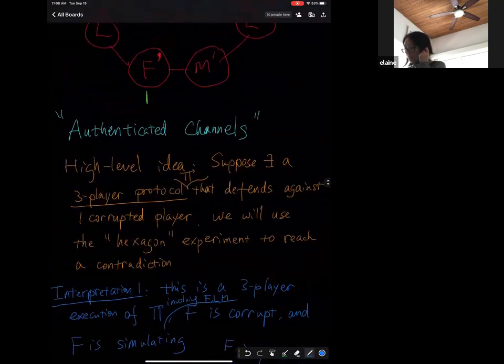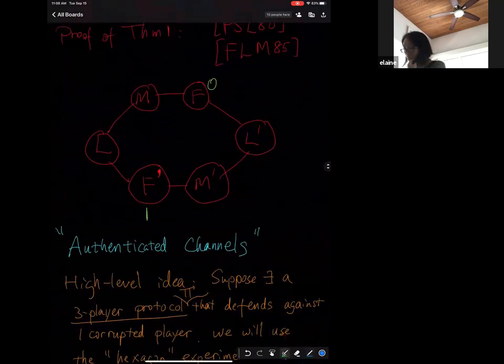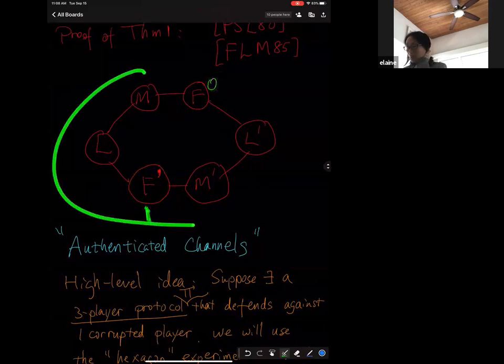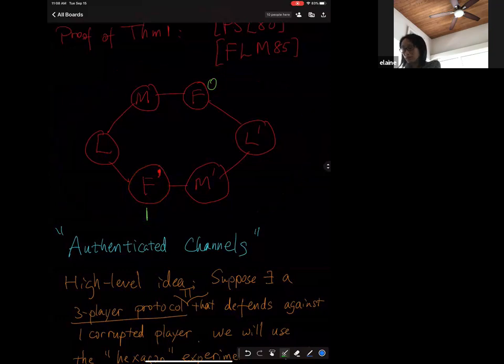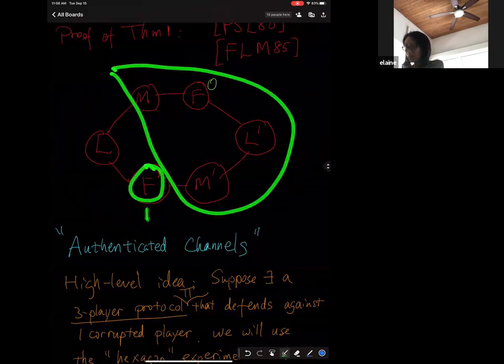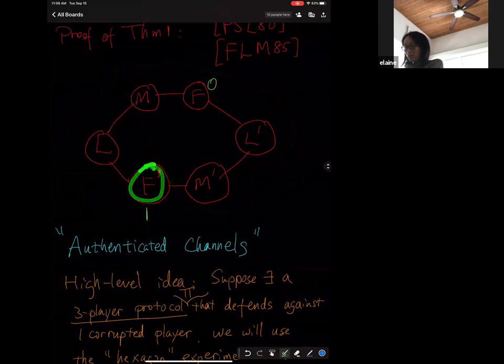In this experiment, we assumed for the experiment F was the designated sender, right? Well, there are two designated senders, F and F prime, and this receives input 0, this receives input 1. Since we are always talking about the same hexagon experiment, all these interpretations are different ways to view this experiment. So in the last interpretation, this is the designated sender, and it receives the input 1, and therefore by validity, L should output 1.